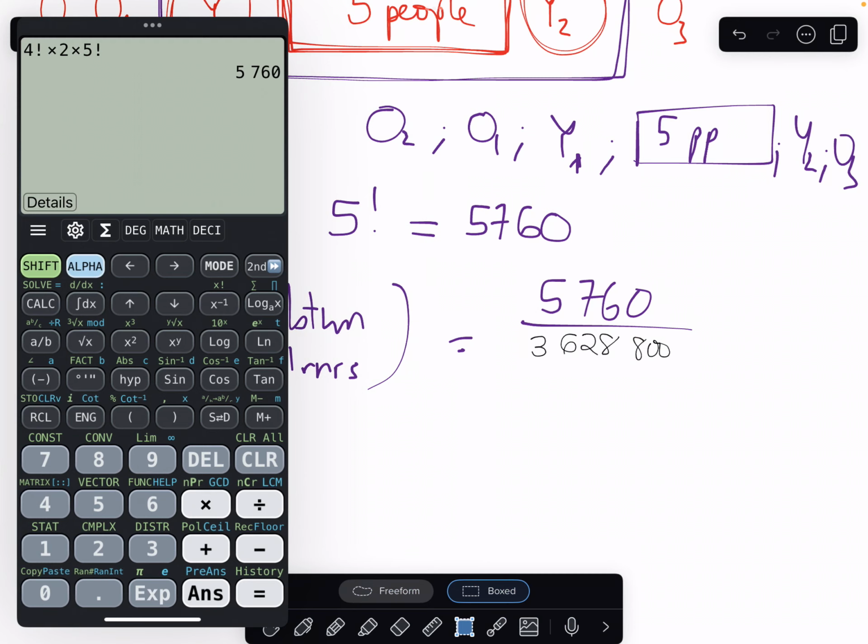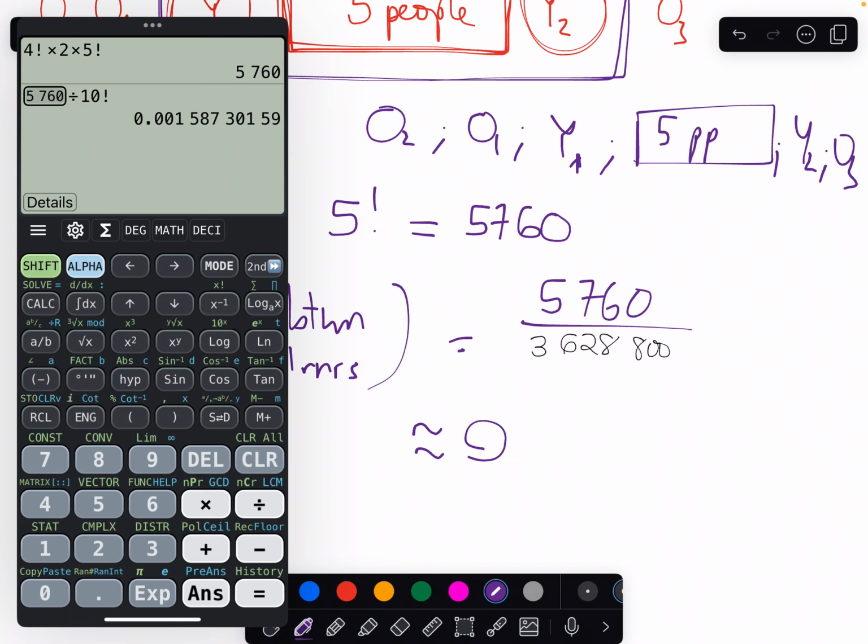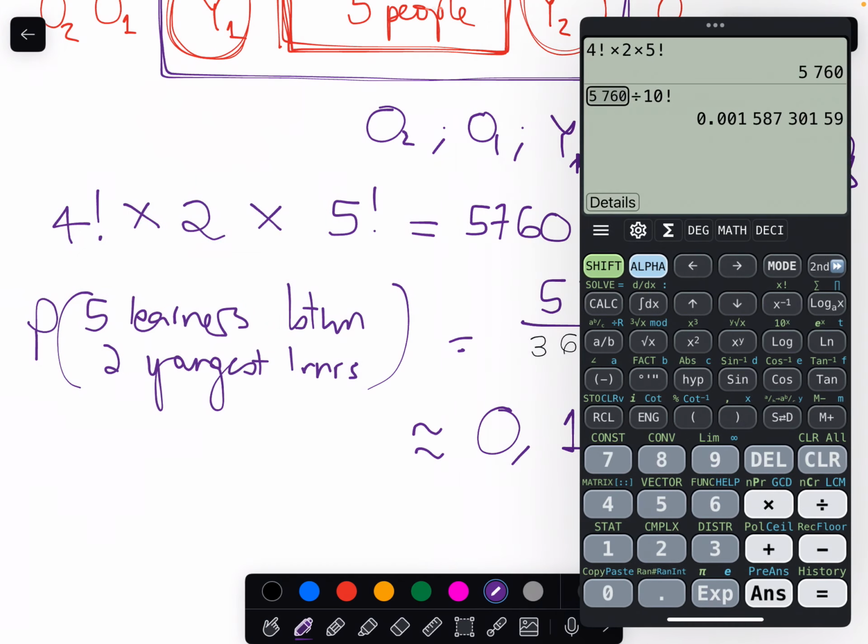Very tiny chance. Okay, so it's going to be 0.001587, as a percentage, that is 0.16%. Wow, it's pretty much 0.